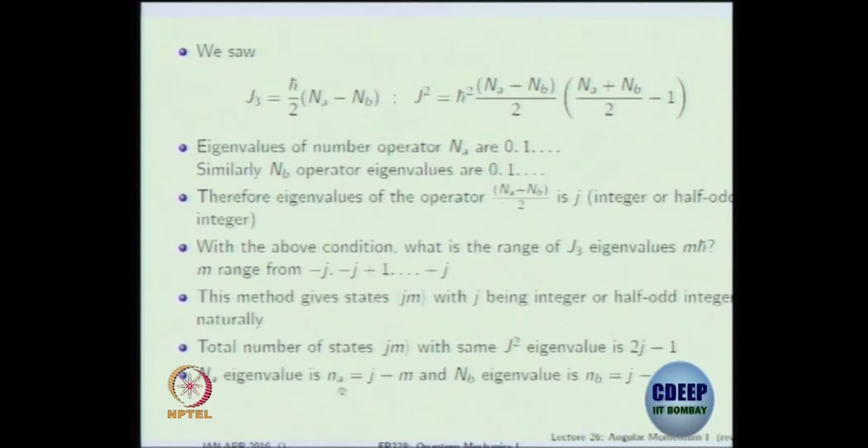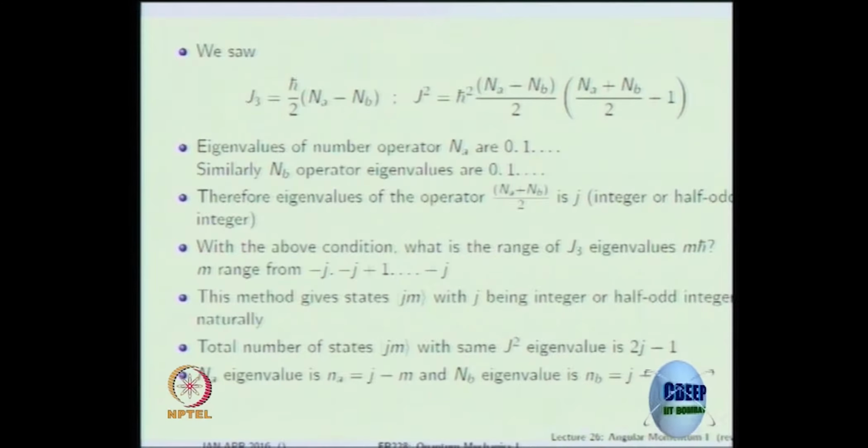You can try to write the eigenvalue of the number operator Na as j plus m and similarly the eigenvalue of the number operator Nb is j minus m. Will this always be an integer? Yes or no?